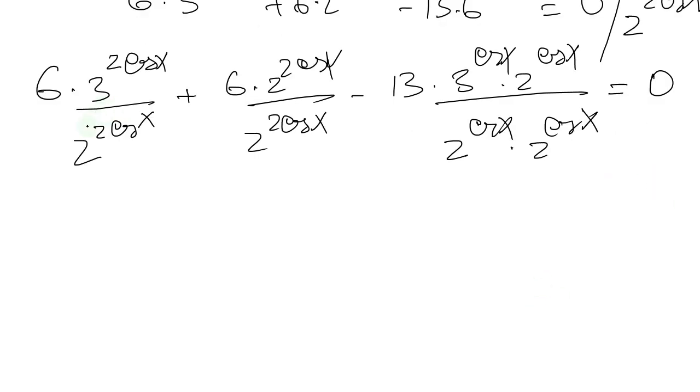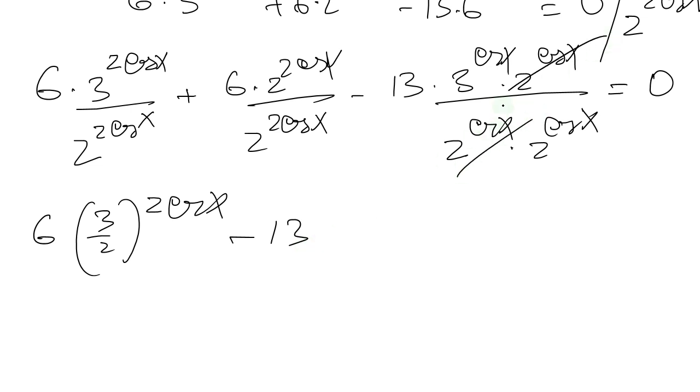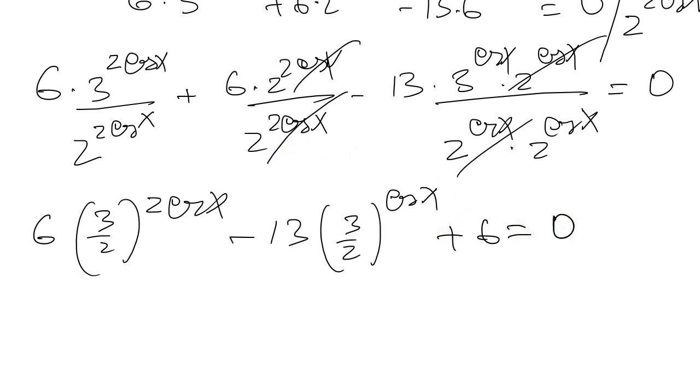Once you have done this, these are different bases and powers. So we have 3 over 2 to the power of 2 cos of x, and then minus 13 times 3 over 2 to the power of cos x, and then the rest is 1, plus 6, and this is 0.